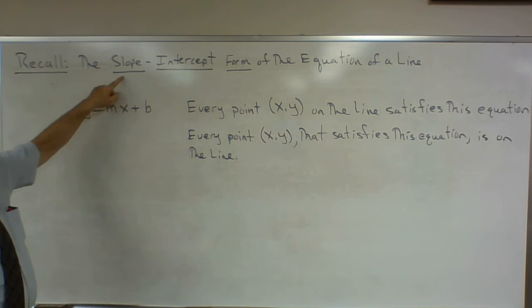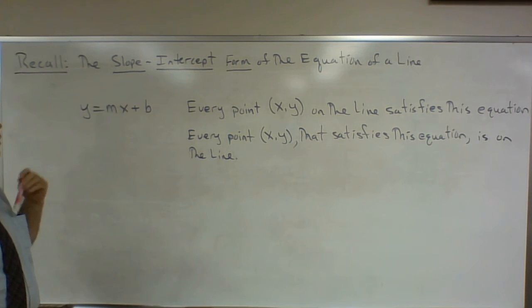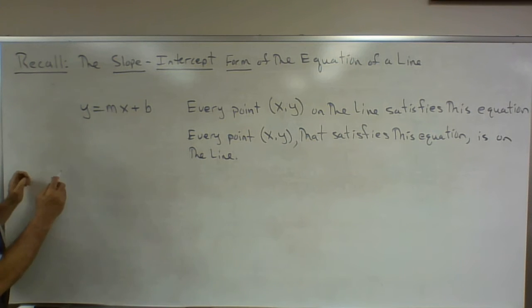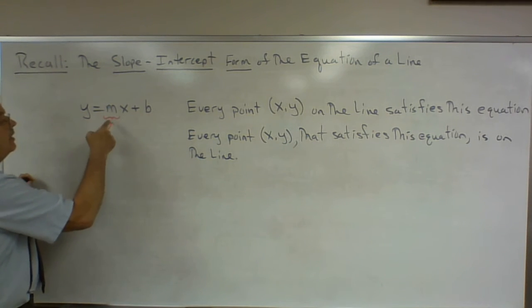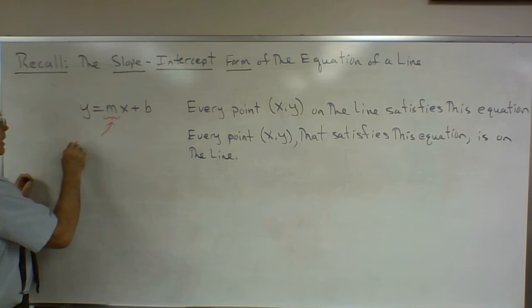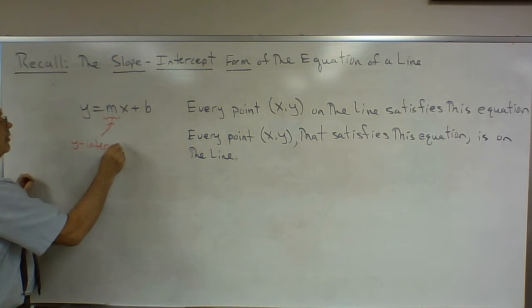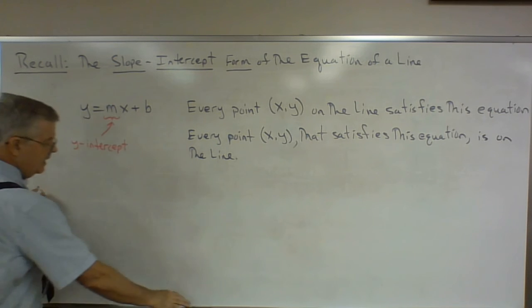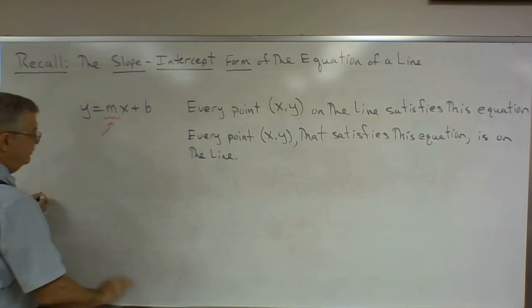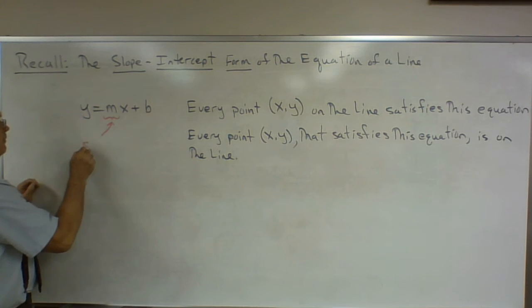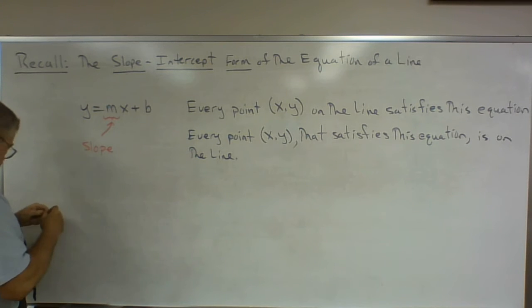Now, this is called the slope-intercept form of the equation of a line. And I guess there has to be a good reason. M is the Y-intercept. No, it's not. Excuse me, must have been all those drugs I did when I was a kid. M is the slope.